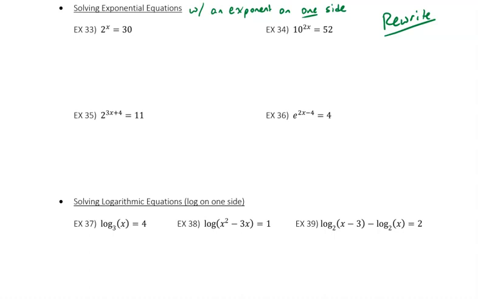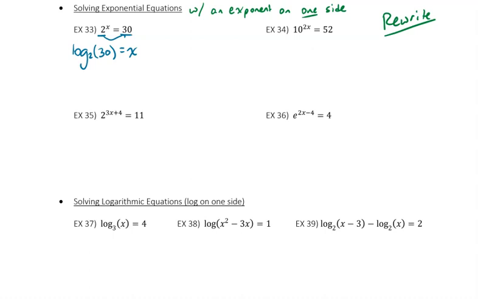So let's go ahead and look at number 33. First step is we are going to rewrite it as a log. So we have 2 to the x equals 30. So our base is 2. It's going to be log base 2 of, go to the other side, that's 30, so that's what's going to go inside of the log, equals x.